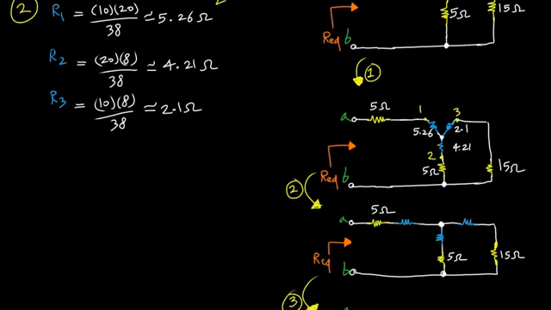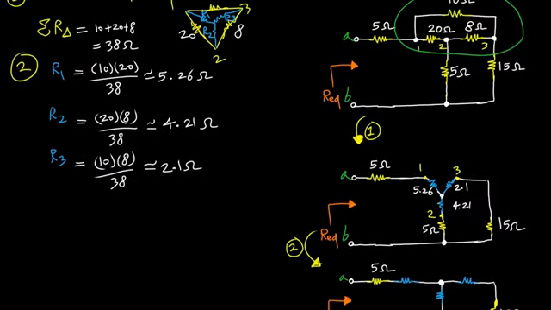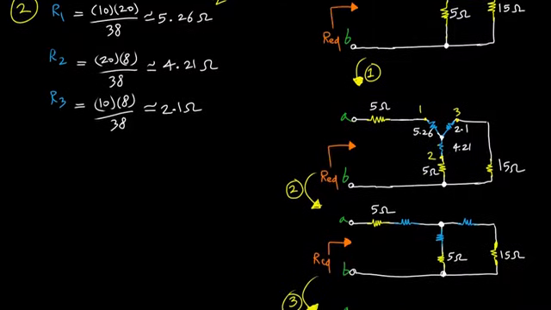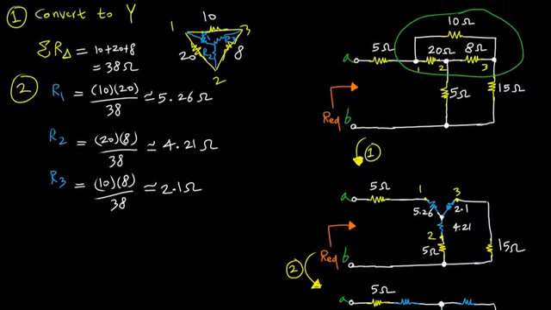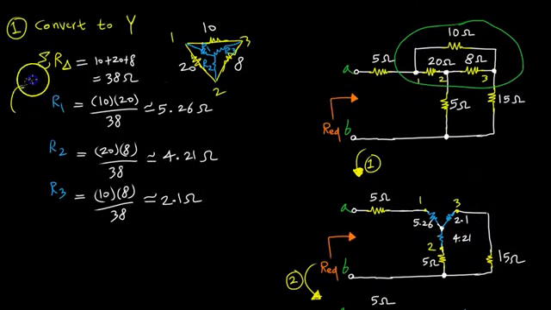And for the second step, I found the values. Just to be consistent, let me take 2 out of here. So I simplified the network, or converted to Y, and then found the values of R1, R2, and R3.